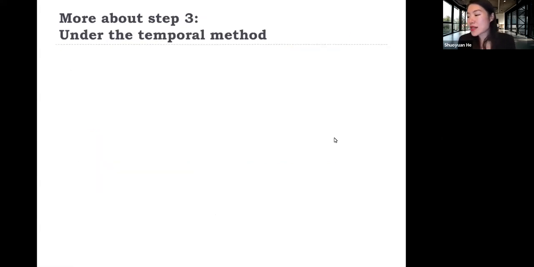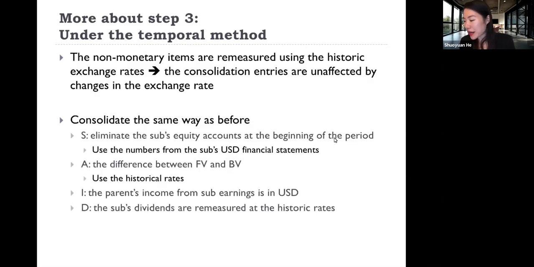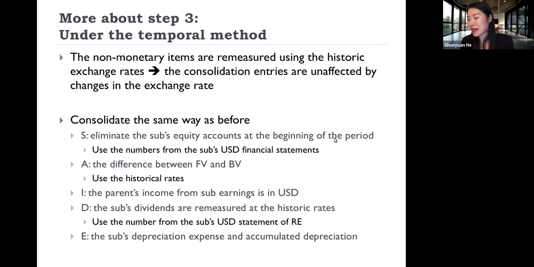And then under step 3, step 3 are the additional consolidation entries that need to be made when the firm has a foreign subsidiary. Under this situation, if the firm is using the temporal method, we do exactly the same thing as before. There's no other consolidation entry that needs to be made.